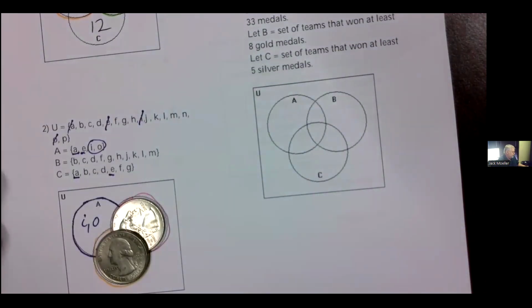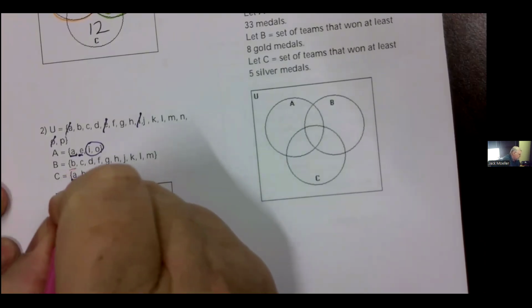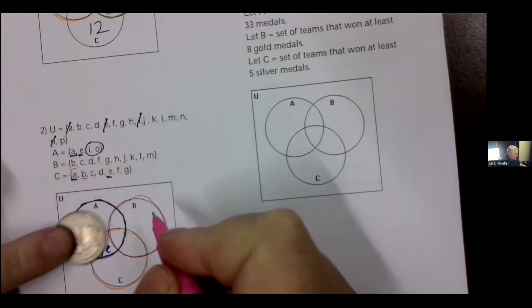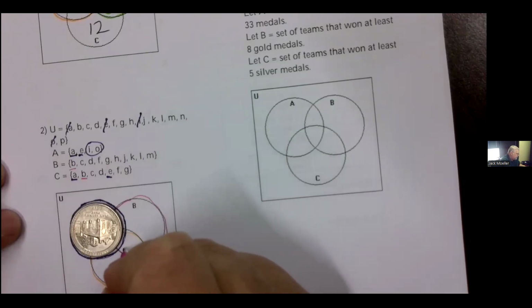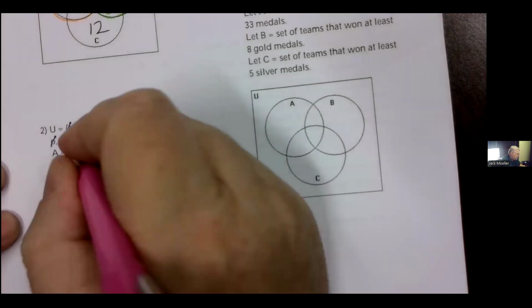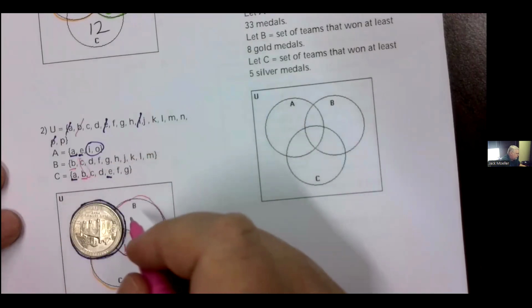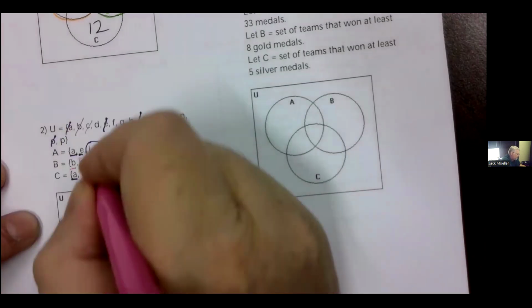All right, so now let's do the same thing with B. All right, so the set B. So look, letter b is in B and C. It's not in A. So we don't want A, we want B and C. So there's little b. Little c is also in both, but not A. So little c would go there.